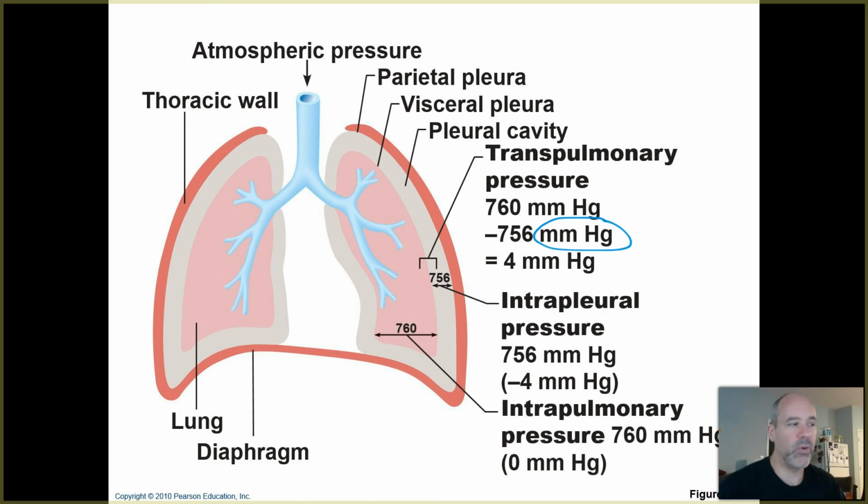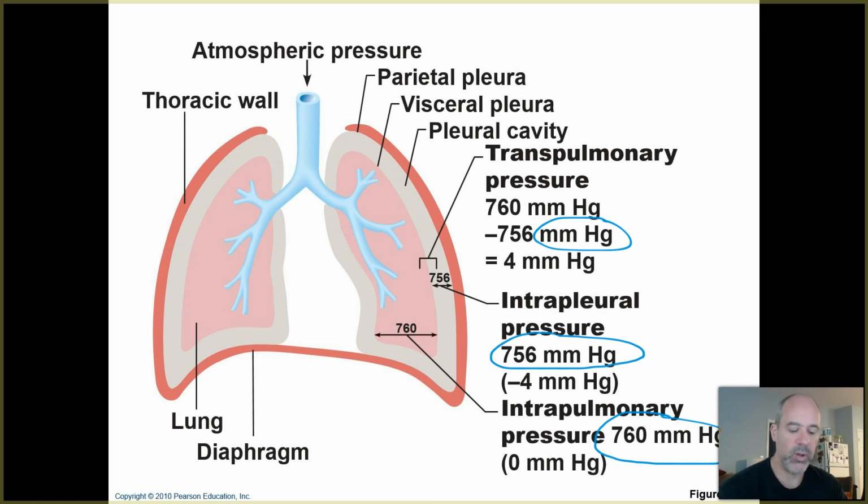But typically your air pressure inside the lungs is 760 millimeters of mercury. The pressure in between the lungs themselves and the walls of the pleural cavity is typically about 756 millimeters of mercury.